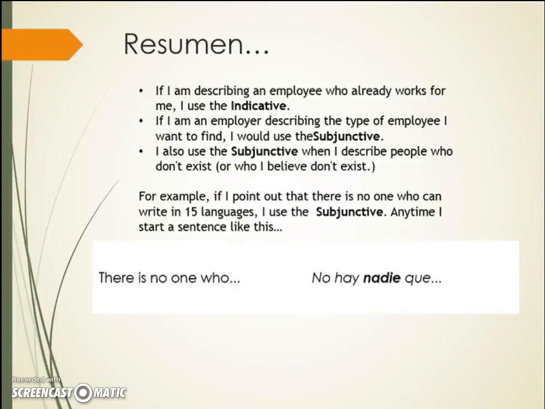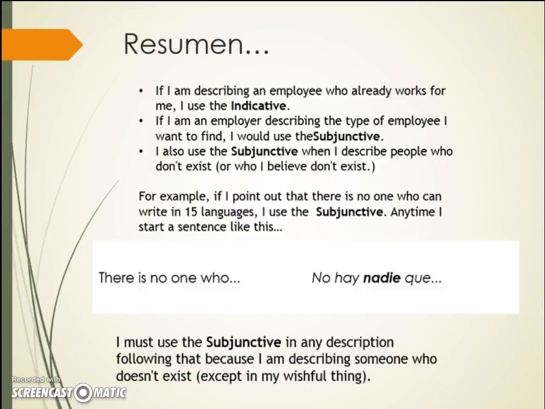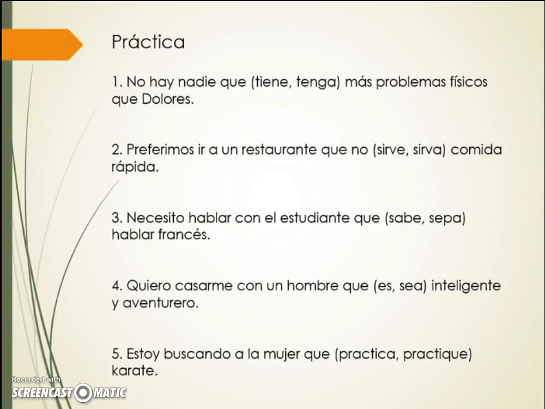Anytime I start a sentence with no hay nadie, or no hay nada, or no hay ningún. We'll talk about ningún and ninguna in class, okay? If there's no one, I have to use the subjunctive because I'm describing someone who doesn't exist, except maybe in my wishful thinking, and wishful thinking is all subjunctive, okay? The indicative can only be used for real events.